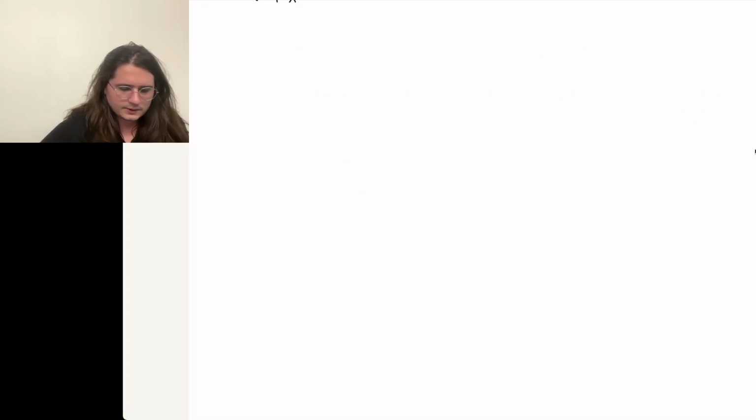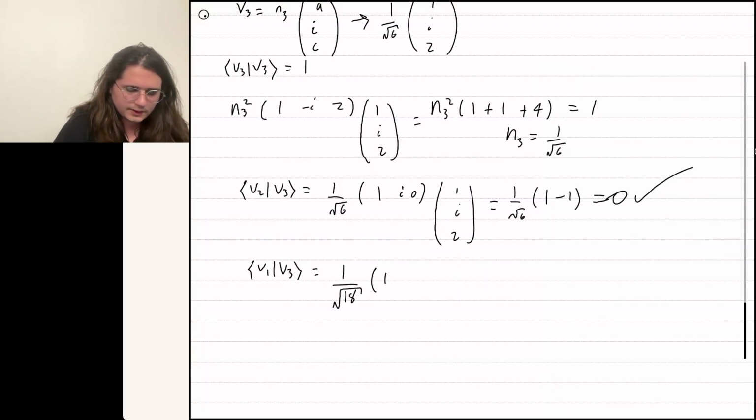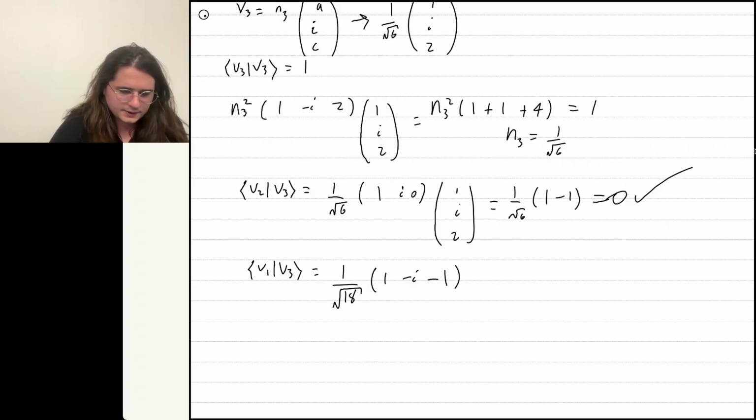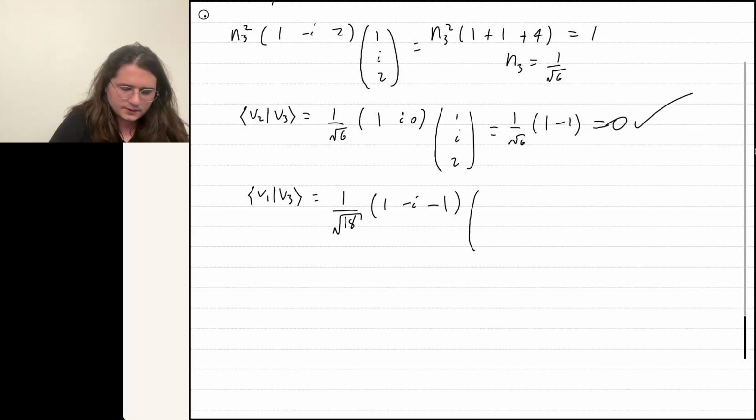It was 1, i, minus 1. So then the row vector will be 1, minus i, minus 1. Right. Yes, okay, cool. Then the column vector, V3, is again 1, i, 2. That's going to give you 1 over root 18.